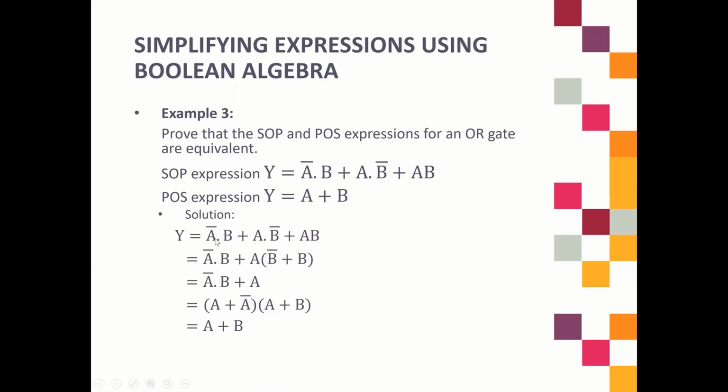So we look at the solutions. Based on the solutions, this is a suggested solution, so maybe you can have another solution, right? For the first step, we apply theorem 11, or factorizing actually, between the last two, a and b bar plus a and b, because both terms have a, which is the similar variable.